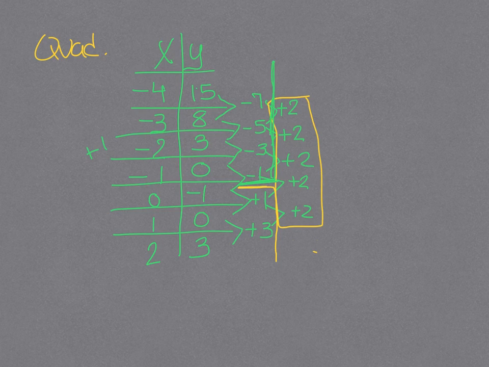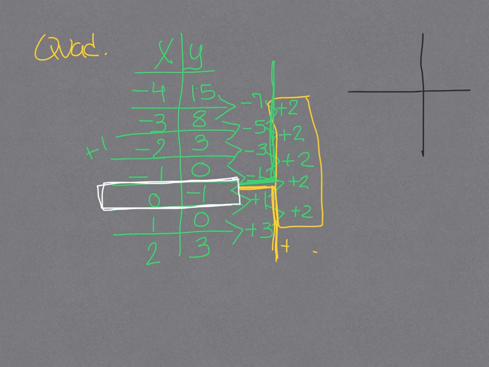Okay, so from here, this section we were subtracting, and then in this section we're adding, correct? All right, so that means that right here, when you made that change from subtracting to adding, that means that your graph made a turn. So at 0, -1, it made a turn.